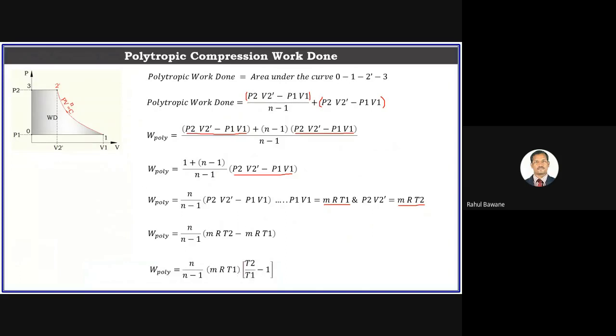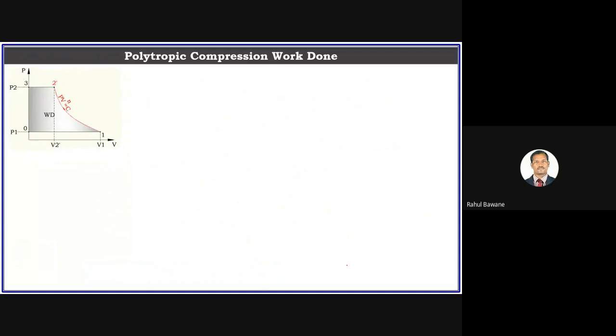Here, if I take out mRT1 as common, there will be a temperature ratio T2 upon T1 minus 1. So right now we have the equation n upon n minus 1 times mRT1 times (T2 upon T1 minus 1). For this mRT1, we can also replace P1 V1.